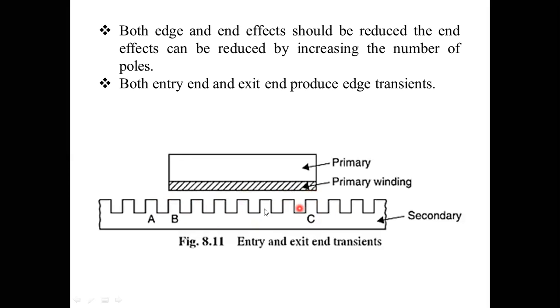With respect to this flux influenced by the primary of the linear induction motor, A produces some current. Therefore, with respect to A at the entry end and C at the exit end, we are getting some losses in the motor.